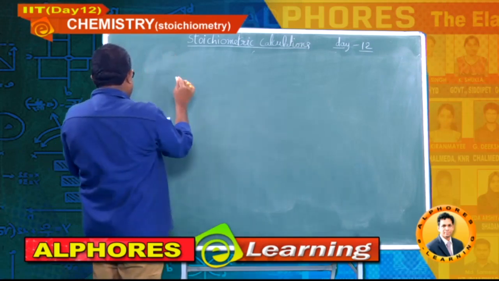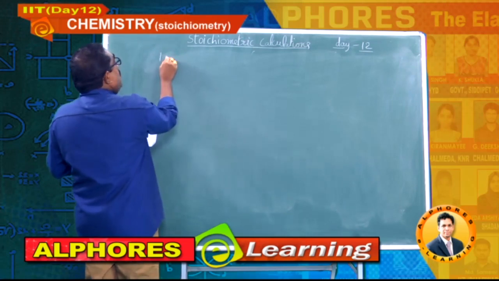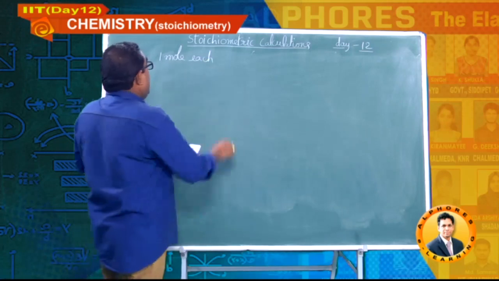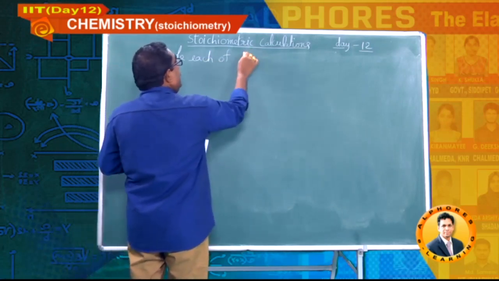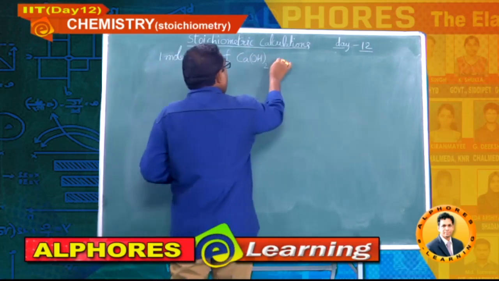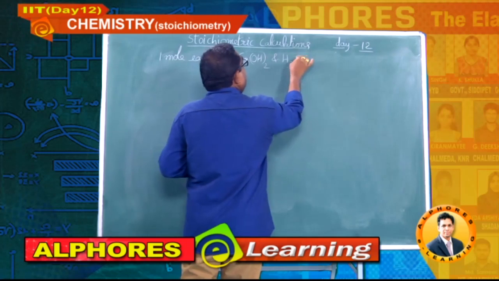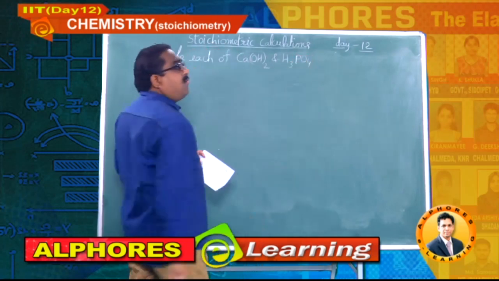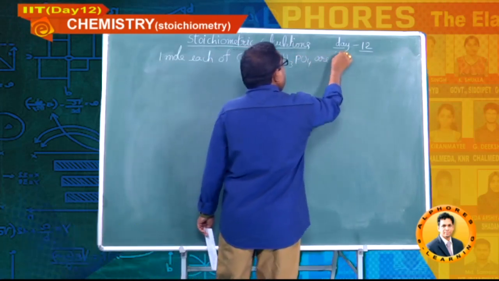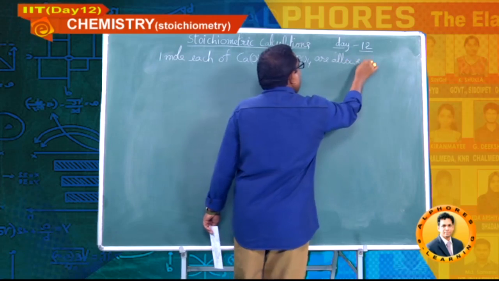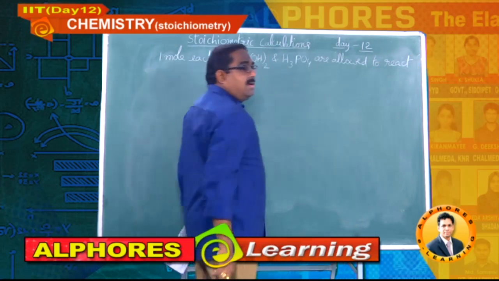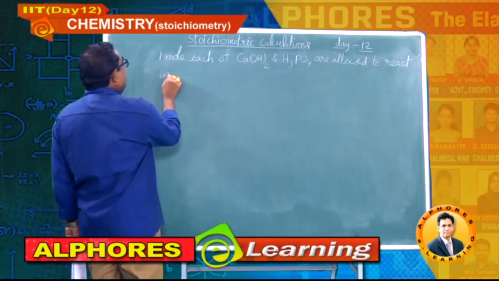Write down along with me. 1 mole each of calcium hydroxide and phosphoric acid, H3PO4, are allowed to react under dilute conditions.